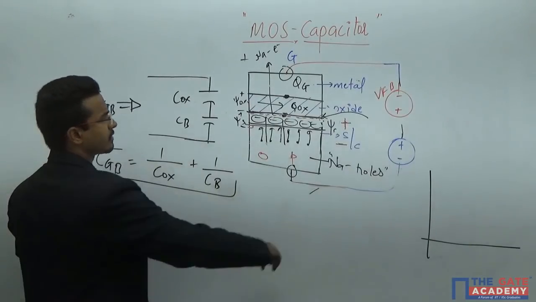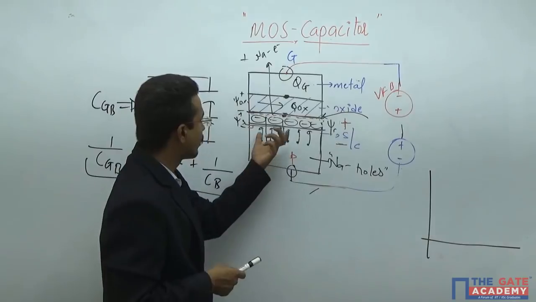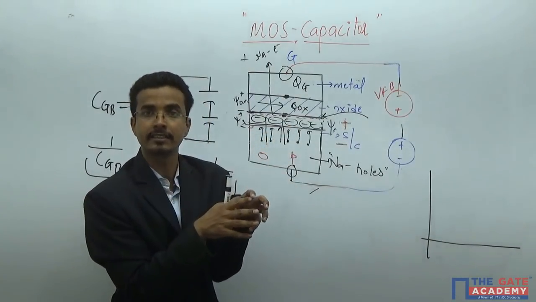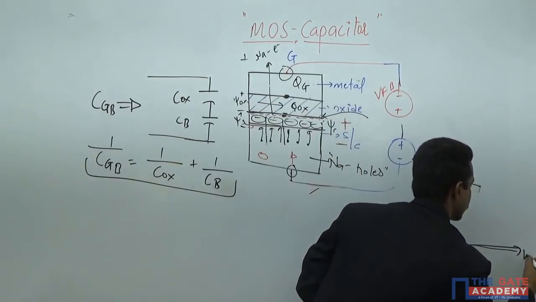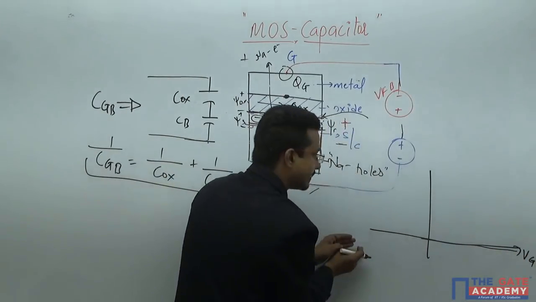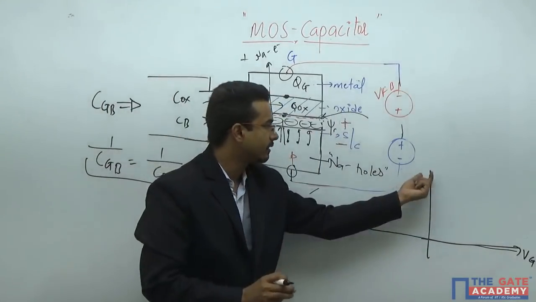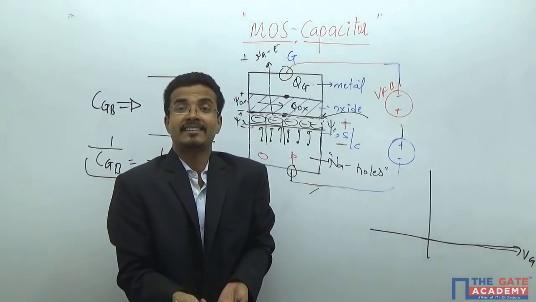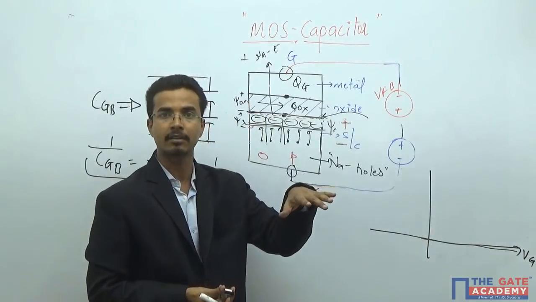If this VG is equal to 0 or less than 0, all the time either you will not get any charge here or you will get the holes, accumulation region. That means if this is VGS, below this or at this, what will happen? Either you will not get anything, depletion, flatband, or you will get holes, accumulation region. And holes are mobile charge carriers, they will not contribute to the capacitances.